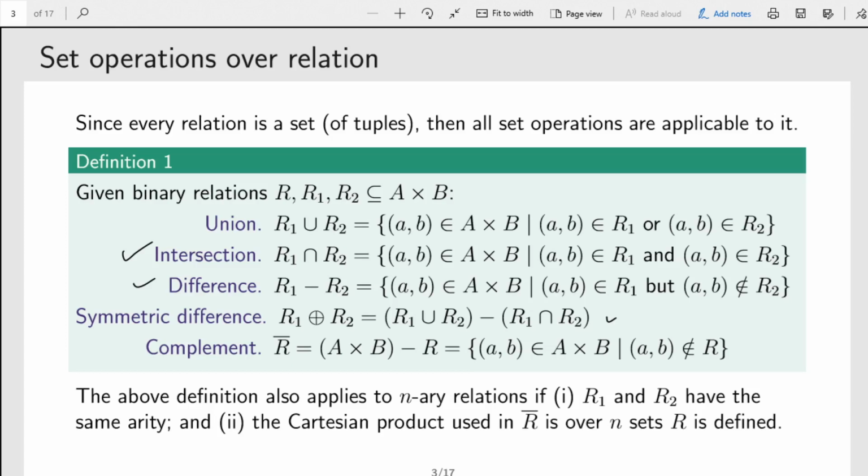However, it also applies to any n-ary relations, provided that both R1 and R2 have the same arity, and the Cartesian product in the complement is over the n sets where R is defined.